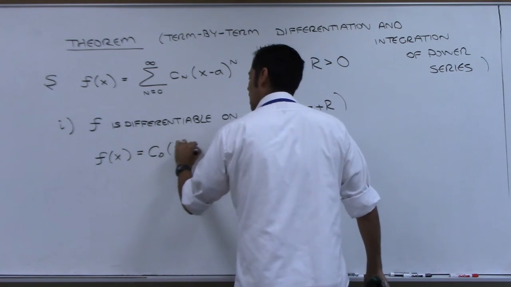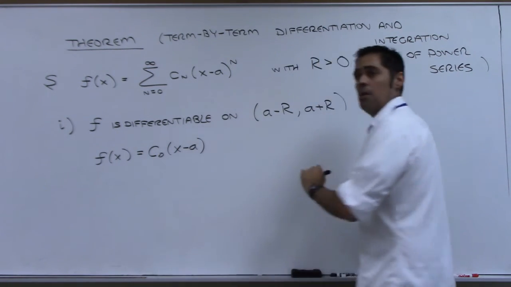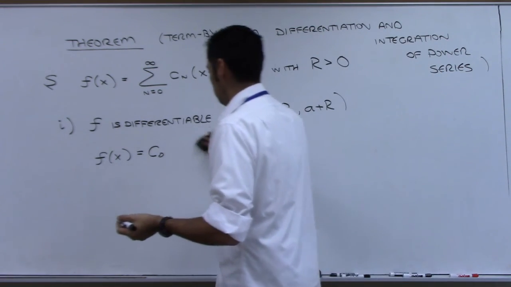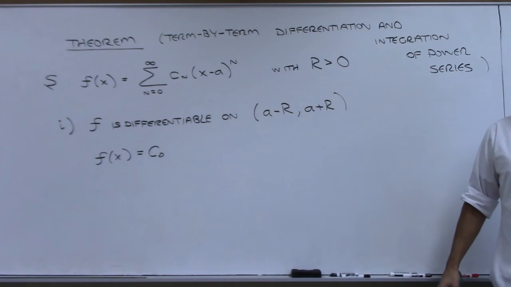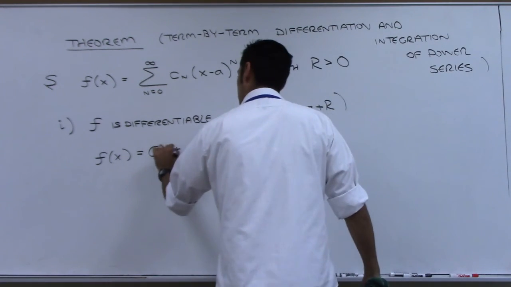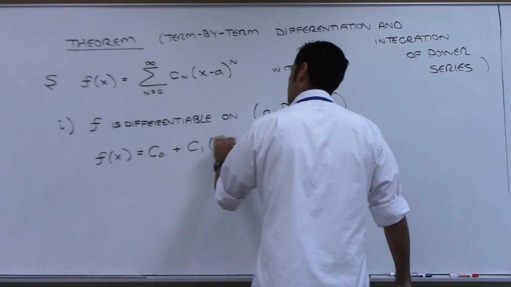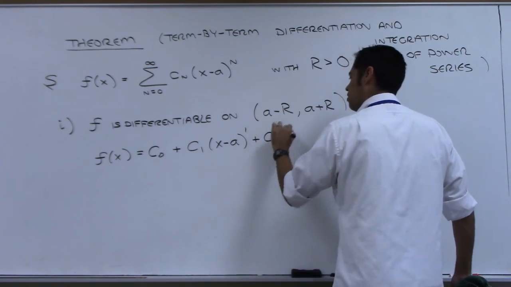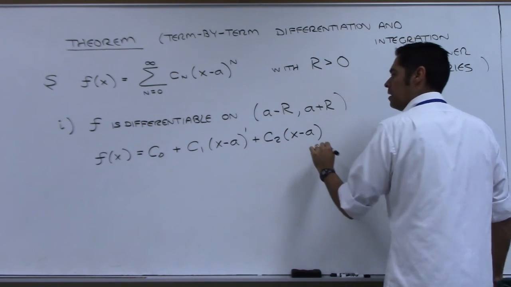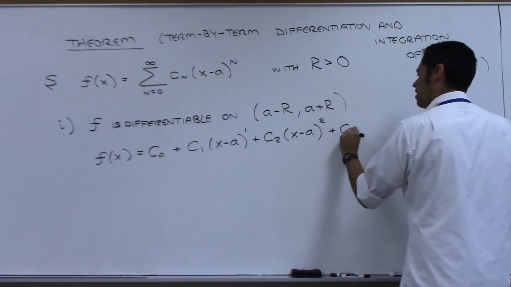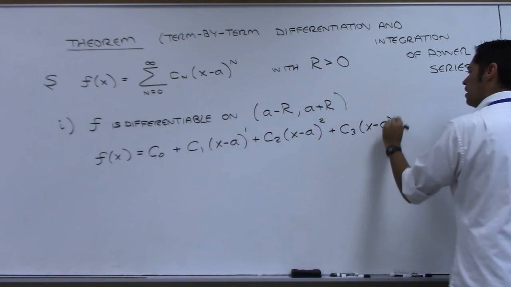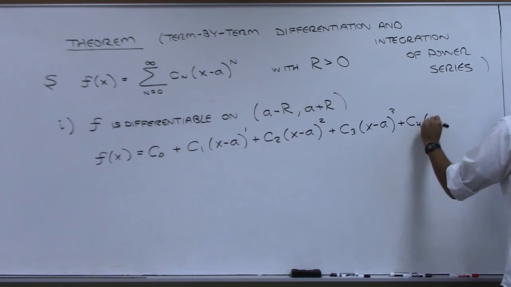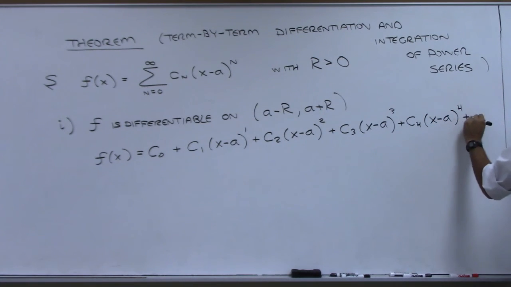And then x minus a to the 0, which is just 1. So is that okay if I just put c sub 0? Plus c sub 1, x minus a to the 1. Plus c sub 2, x minus a to the 2. Plus c sub 3, x minus a to the 3rd. I'll do one more. Plus c sub 4, x minus a to the 4th. Plus, keep going, right?